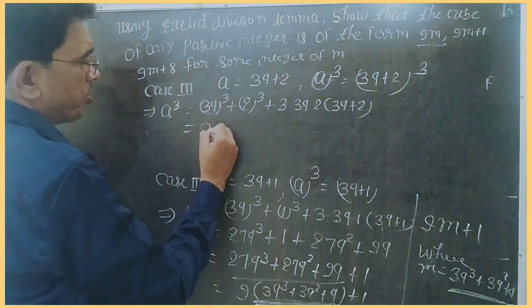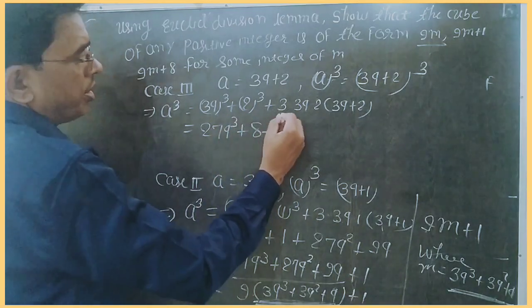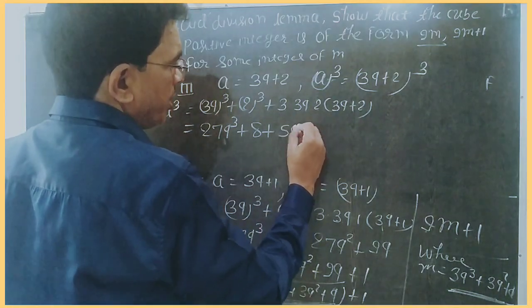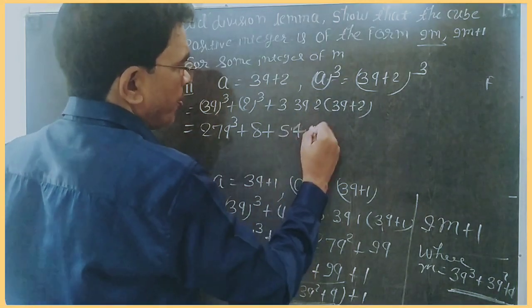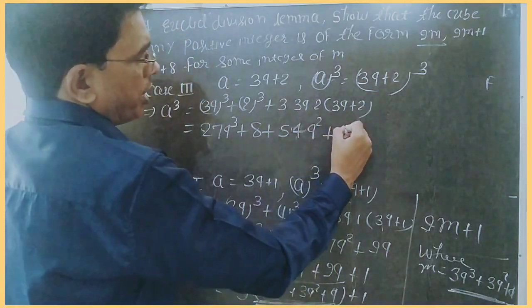What do you write? It is 27q cube plus 8 plus 3 times 3 is 9, 9 times 2 is 18, 3 times 18 is 54q square, and 3 times 9 is 9, 9 times 4 is 36q.